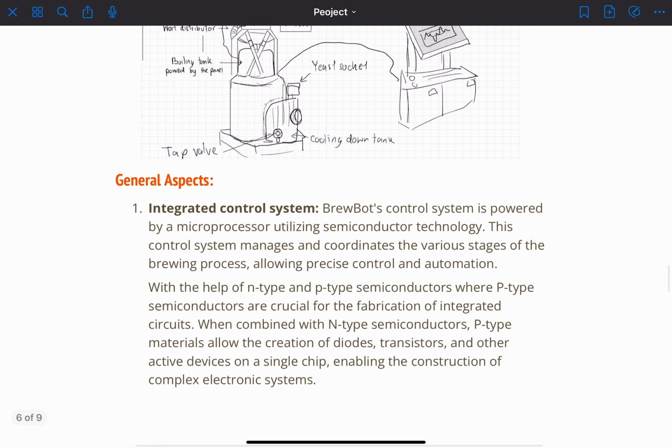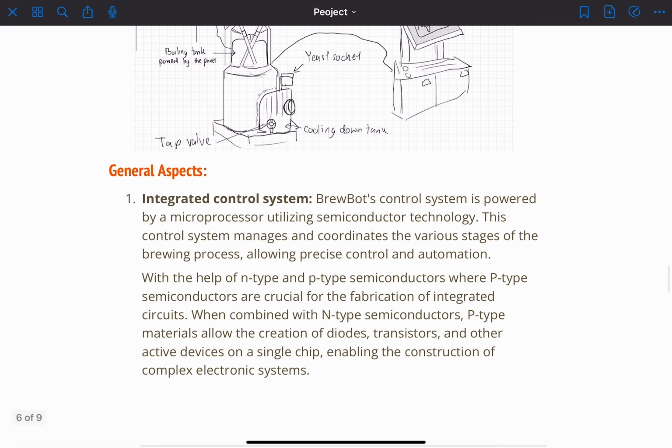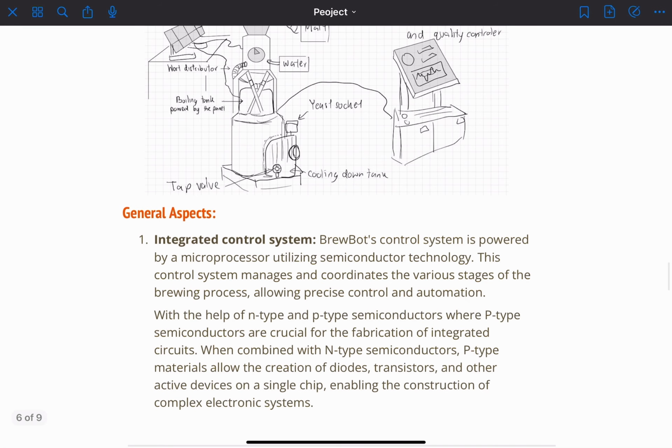So let's move on to the general aspects. First, the integrated control system. BrewBot's control system is powered by a microprocessor utilizing semiconductor technology. This control system manages and coordinates the various stages of the brewing process, allowing precise control and automation.